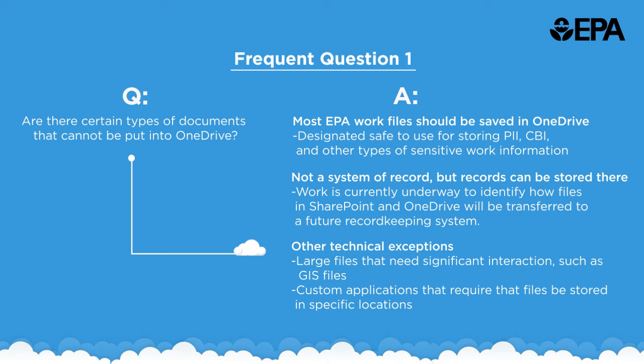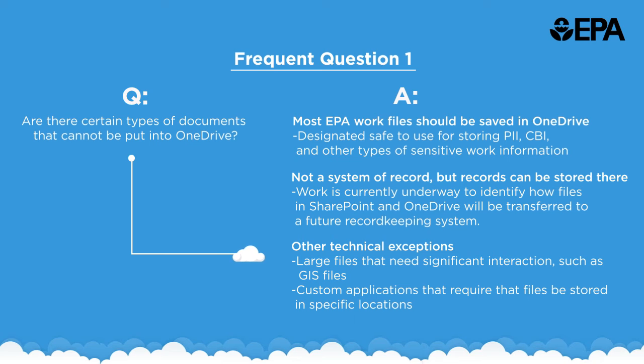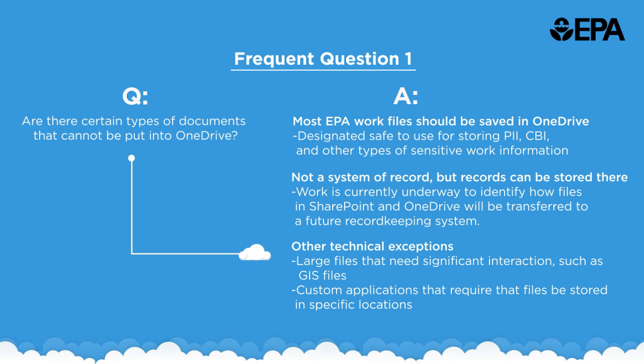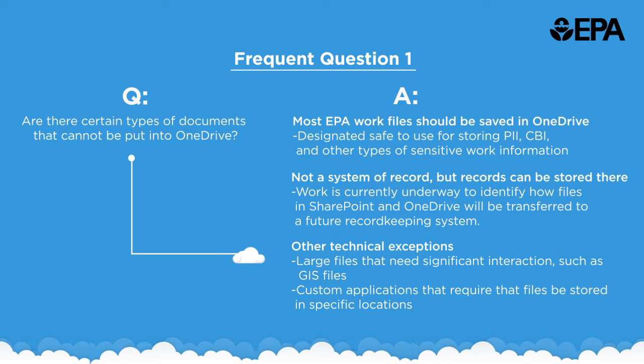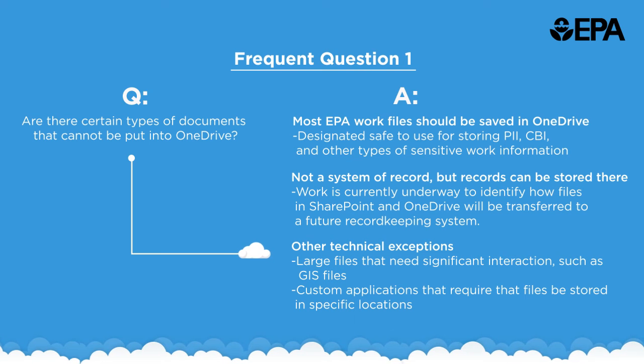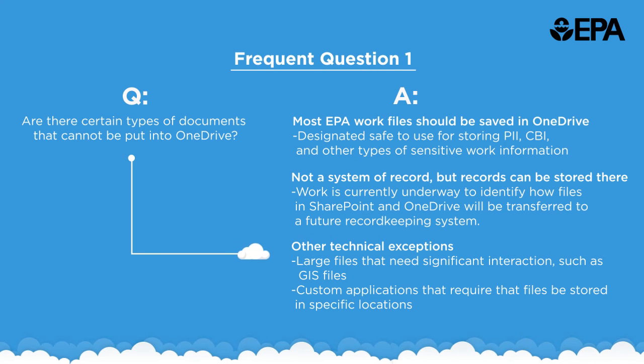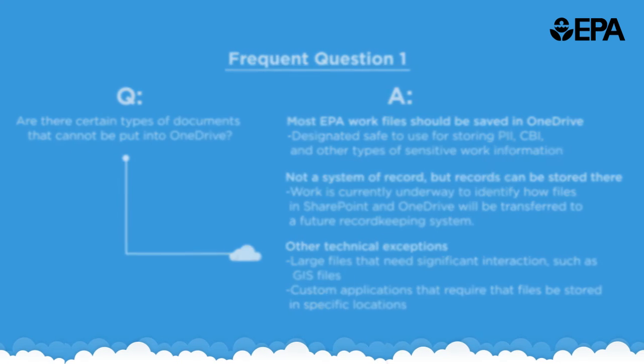Work is currently underway to identify how files in SharePoint and OneDrive will be transferred to a future record-keeping system. Other technical exceptions include large files that need significant interaction, such as GIS files, and custom applications that require that files be stored in specific locations.